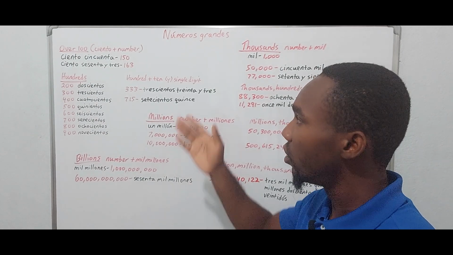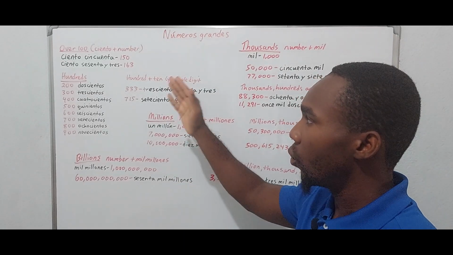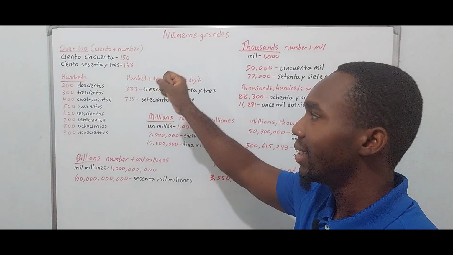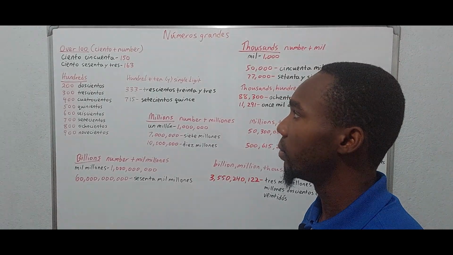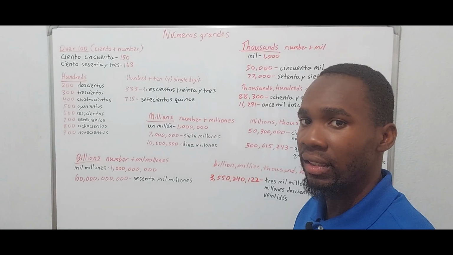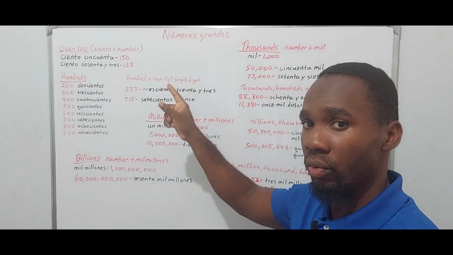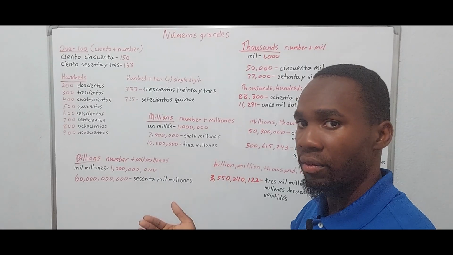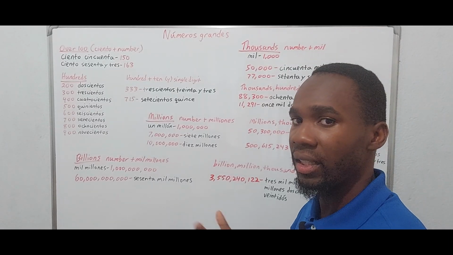Cincuenta. 150. 163. So from 101 to 199, this is the formula that we are going to use. Ciento plus whatever the remaining number is.